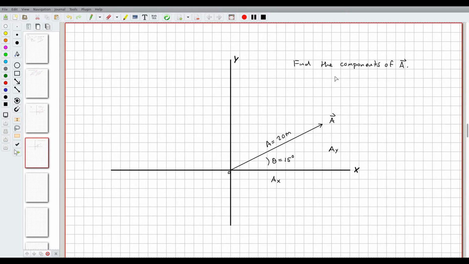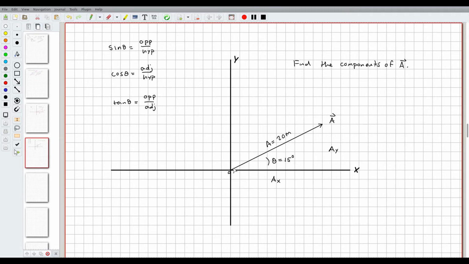Well, we're going to refer to our friend trig. So, as a reminder, from oh so long ago, you have your three basic trig functions: sine, cosine, and tangent. Now, sine is defined as opposite over hypotenuse. Cosine is defined as adjacent over hypotenuse. And tangent is defined as opposite over adjacent.